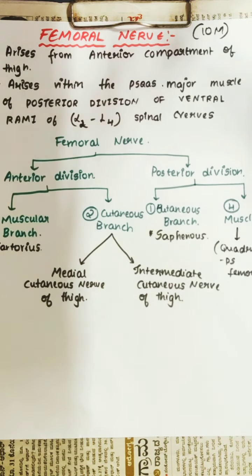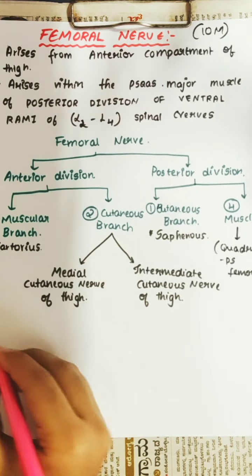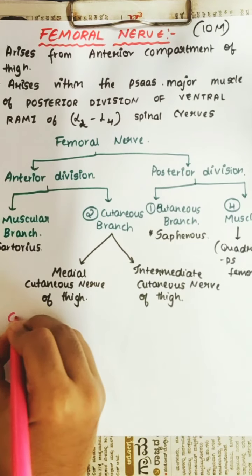This was the rough chart of its division. We'll move on to its further explanations. In our thigh region, mainly in the anterior and medial aspects of the thigh, you can see many cutaneous nerves. So we note this point.